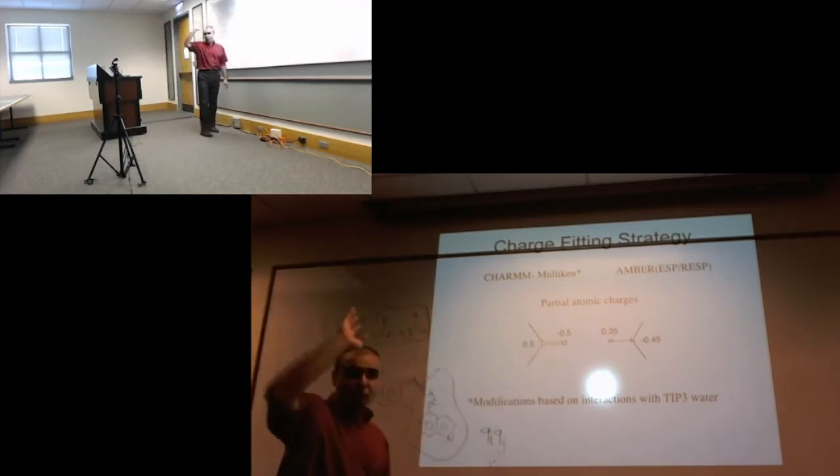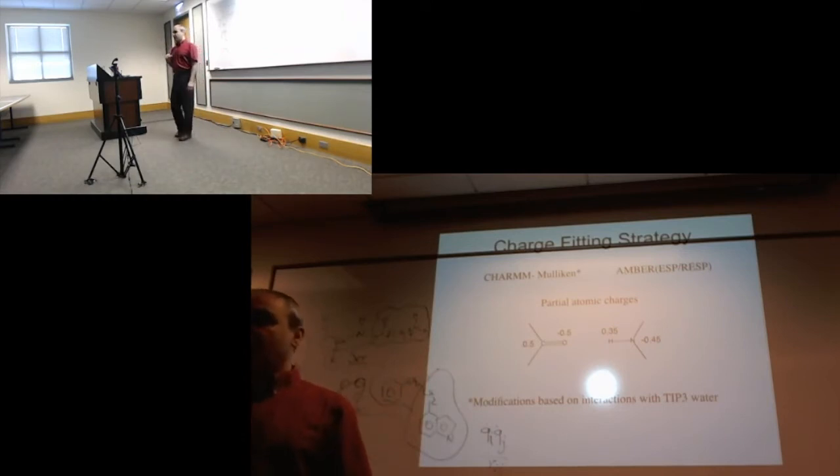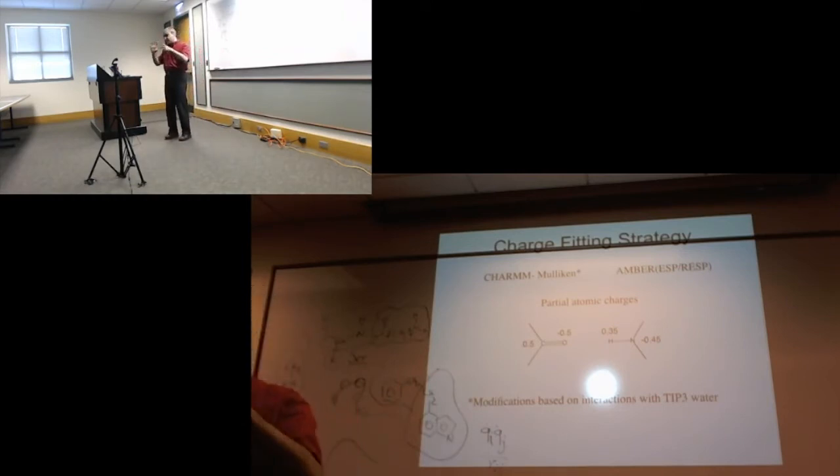So we can do that quantum mechanically, very accurate, and place it, look at the distance and the angle, and calculate the potential energy for that interaction. And then we try to come up with charges that reproduce that potential energy. Quantum mechanical interaction with water.